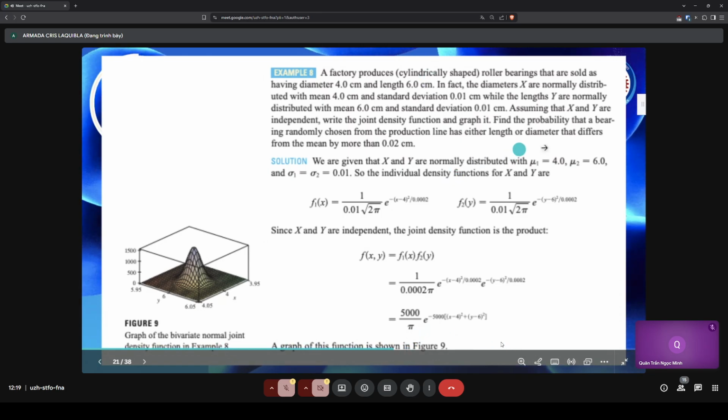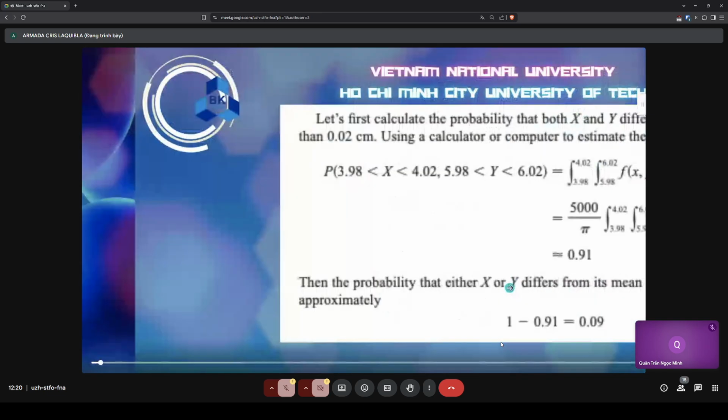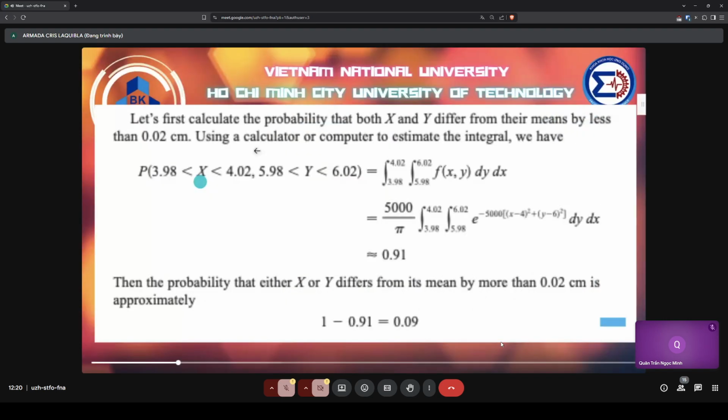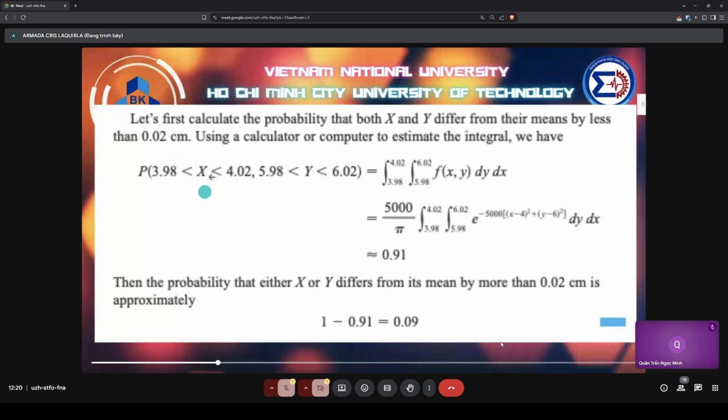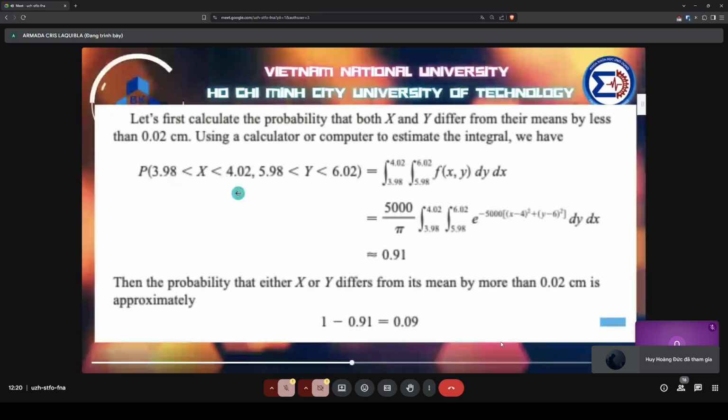Now the question is, find the probability that a bearing randomly chosen from the production line has either length or diameter that differs from the mean by more than 0.02, and we have this one. Now for your x, the mean here is 4. So you minus the 4 with 0.02, so 3.98. Then 4 added 0.02, so it's here until 4.02.